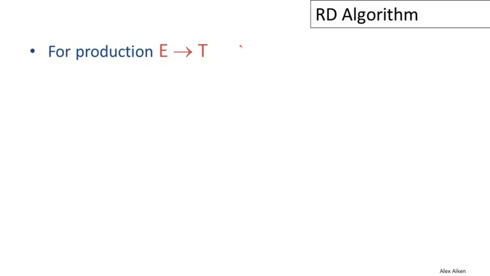The first production of that grammar is E goes to T. Now what we want to do is write the functions that are needed to decide whether this production matches some input. This one happens to be simplicity itself, and it's easy to see why. First of all, we're writing the function E1. This is the function that deals with the first production for E and returns true only if this production succeeds in matching some input.